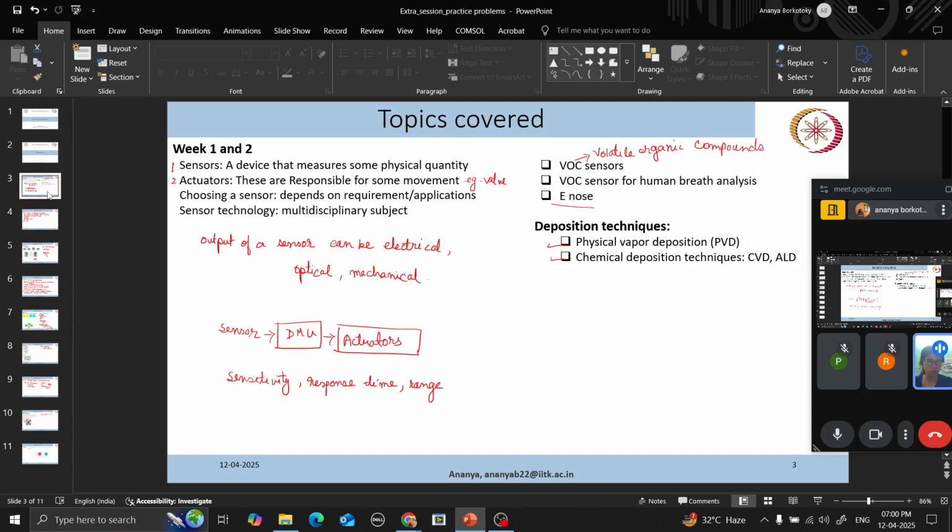So a few numbers you should know, like the temperature difference. Suppose you are doing APCVD, atmospheric pressure CVD, versus PECVD. Say APCVD we do at 1000 degrees Celsius, typically this is the range, whereas LPCVD we will do at 200 degrees Celsius, right? So these things you should definitely know.